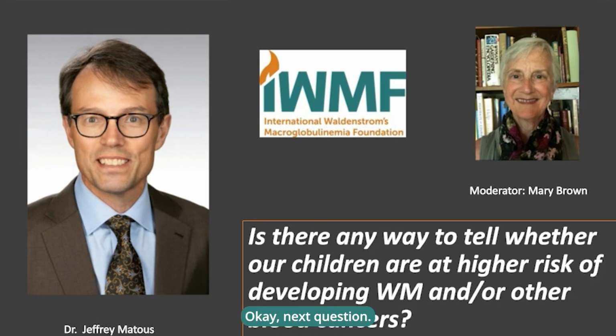Okay. Next question. Is there any way to tell whether our children are at higher risk of developing WM and/or other blood cancers? No standard way to determine this, Mary. And again, it's important here to keep in mind the concepts of absolute risk and relative risk of getting WM.